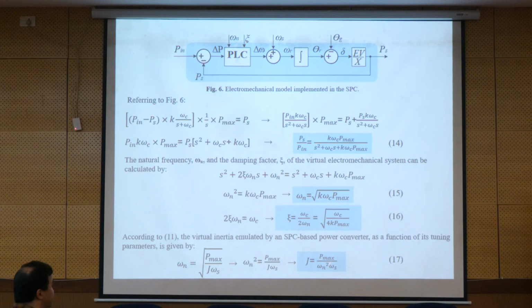We see that J can be calculated by this, but you can consider that J cannot go very high or very low, and the reason is that it passes the border of stability and the system becomes unstable.